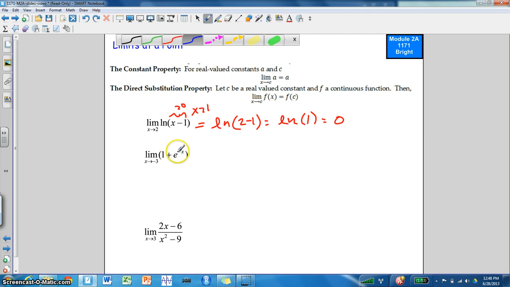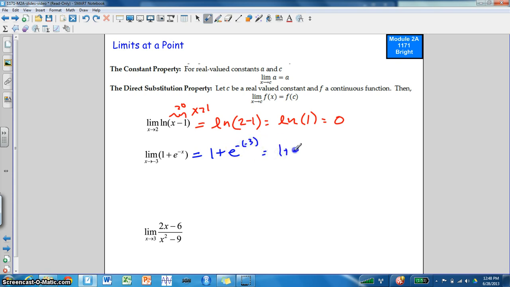Still a continuous function, just because there were two basic transformations applied to it. So I use the direct substitution property: 1 plus e to the negative 3, or just 1 plus e cubed. That's all it is.